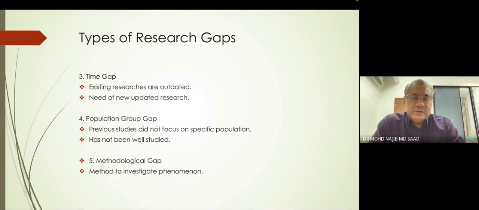And the last one is the methodological gap, which concerns the method we use to investigate a certain phenomenon.